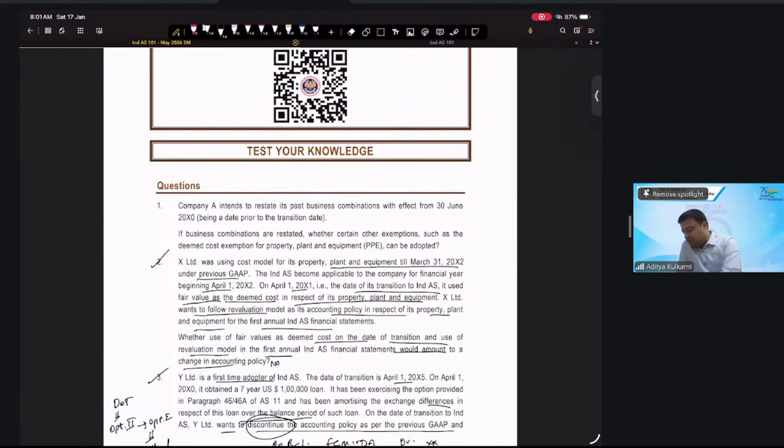It has opted to restate the financial statements retrospectively. It has opted to restate its past business combination. Okay. Now, if I do a retrospective restatement, what should I do?